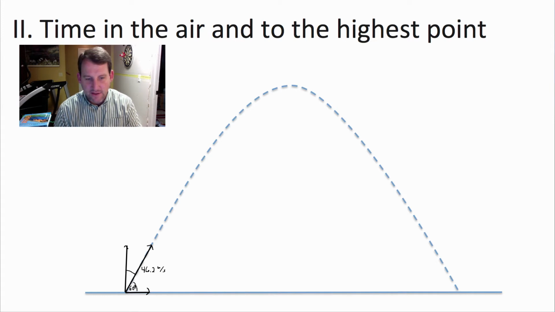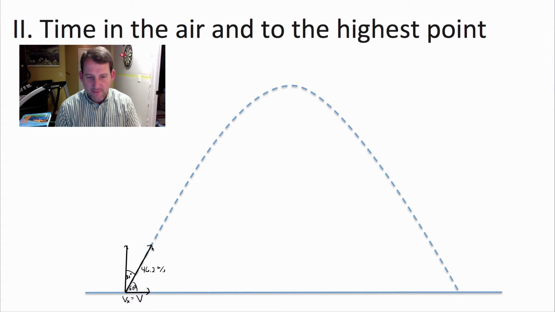Now if this is 60 and the whole thing is 90, this has to be 30. So we've got 30 degrees. And this side that we're trying to get, let's call this velocity in the x direction. And it is adjacent to this angle. And we learned earlier that the adjacent is the overall velocity times the cosine of this angle because it's adjacent.